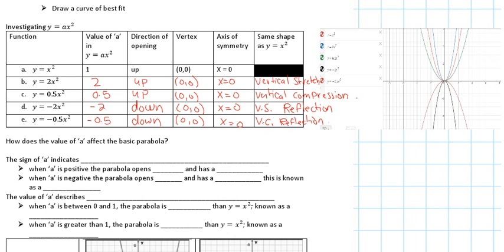So, there's two things that A does to your graph. It either vertically stretches or vertically compresses, or it can also reflect through the x-axis.